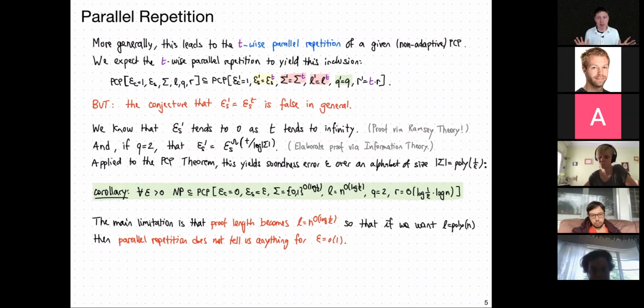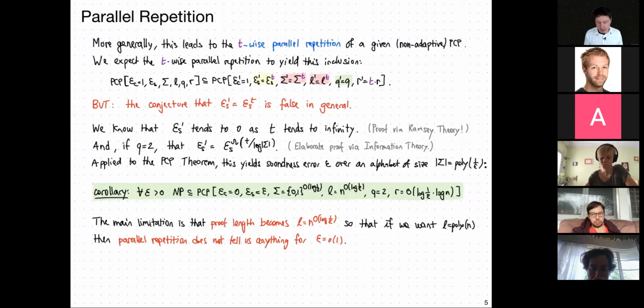Okay, still with two queries. And as you will see in the other lecture later today, there are applications of PCPs, for example, to cryptography. And in those applications, actually, the regime that is most of interest is the fewest queries for the highest soundness error. And it's okay if you have a slightly large alphabet. Okay, in cryptography, that's a very good setting.